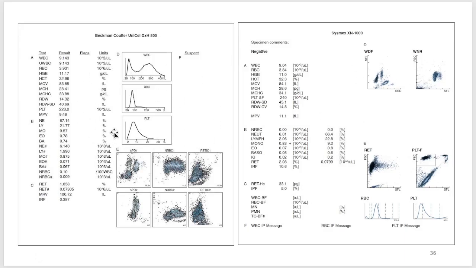Ito yung mga different laboratory results na nire-release natin. Meron tayong makikitang scatter plot and your histograms. So at least now you're able to understand how to interpret this one. Just know the different important parameters, kung ano yung nakalagay sa x-axis and your y-axis, no? Marunong na tayo dito. Very good.